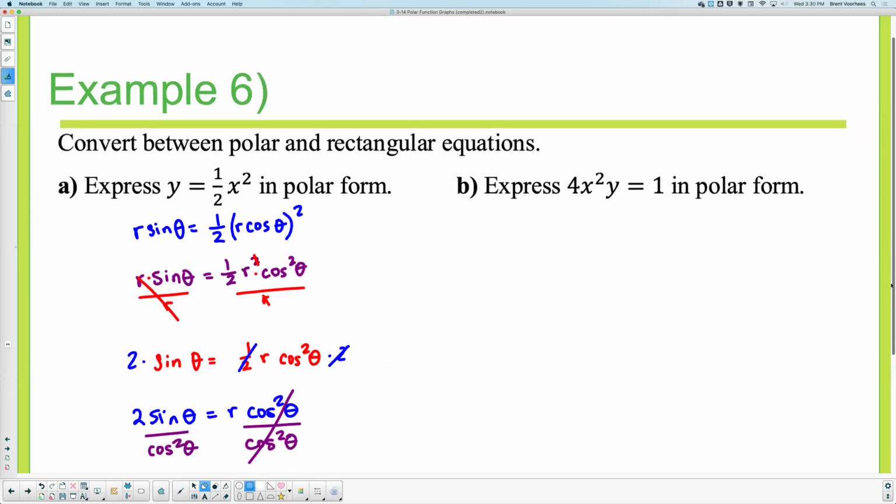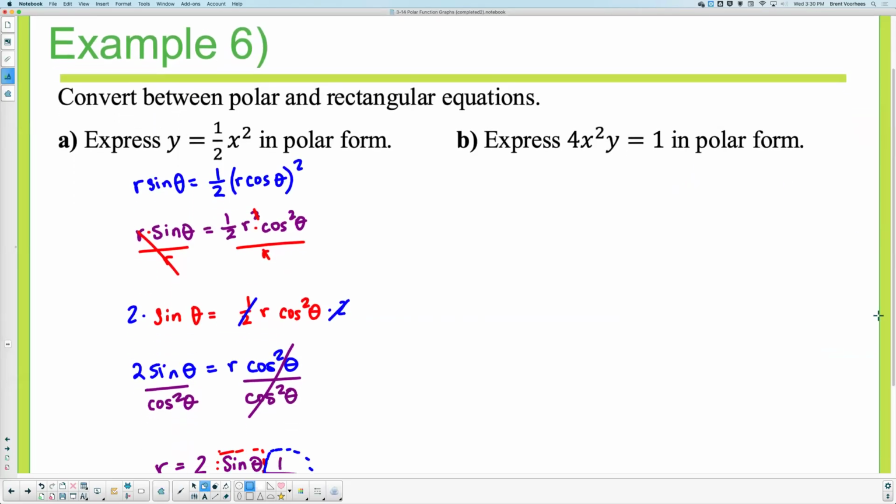If we tried part B, I would use the same substitutions. So this would be 4 times r cosine squared times r sine theta equals 1. Immediately, I could divide each side by 4 after substituting out the x and the y for r cosine and r sine.